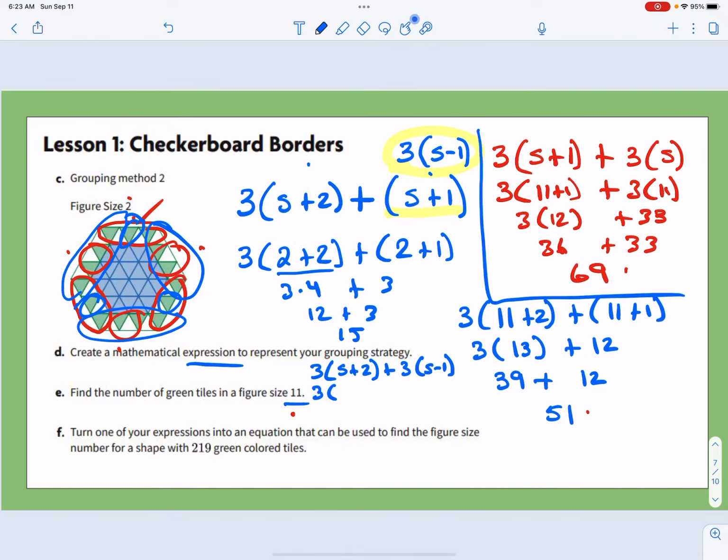So we're going to do 3 times 11 plus 2 plus 3 times 11 minus 1. So we end up with 3 times 13 still over here, plus 3 times 11 minus 1 is going to be 10. So we have 39 plus 30, and that actually equals 69.